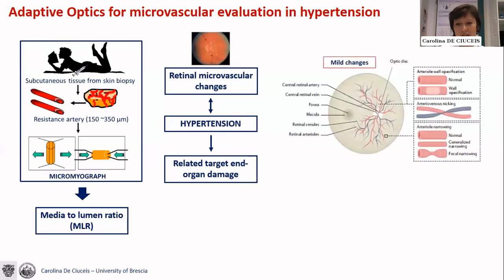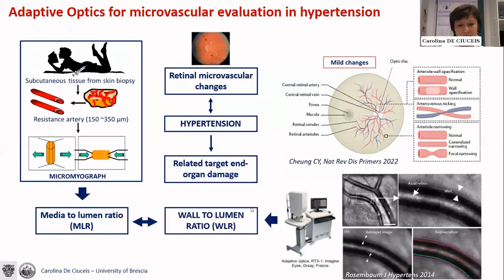Among the different non-invasive approaches proposed in the last years for the evaluation of retinal microvascular vessels, adaptive optics may provide a very accurate estimation of the wall-to-lumen ratio, which is closely related to the media-to-lumen ratio of subcutaneous small resistance arteries. The retinal arterial wall-to-lumen ratio is also related to blood pressure and other markers of hypertension-mediated organ damage.